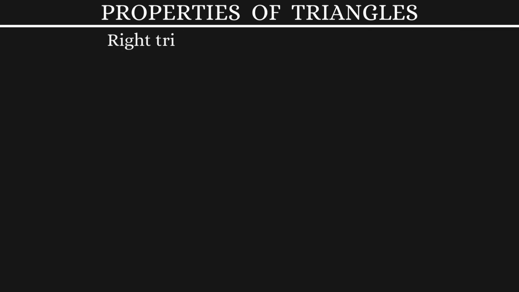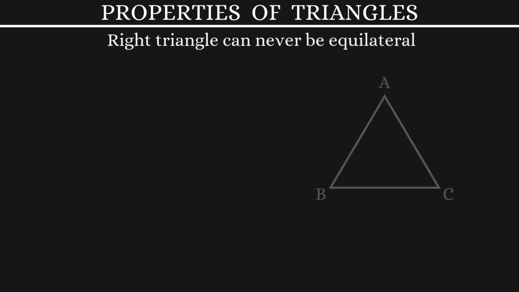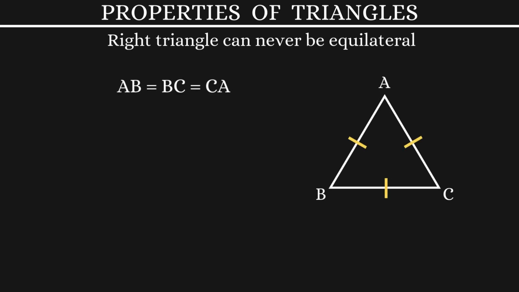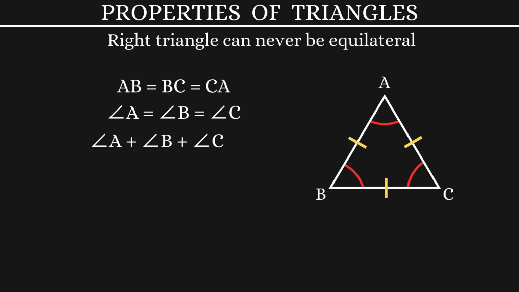A right triangle can never be an equilateral triangle. The proof is very simple. In an equilateral triangle, all the three sides and all the three angles are equal. We also know that the sum of the angles in a triangle is 180 degrees.